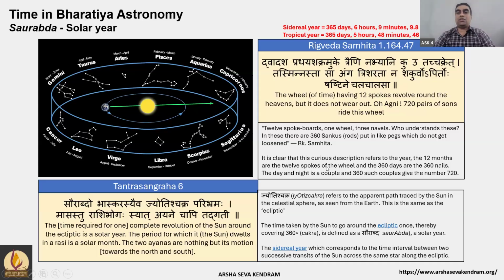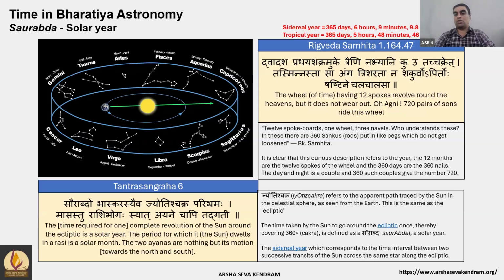Now, there are some references to the solar year in different texts. Veda Samhita lays this out in a very poetic manner. 12 spoke boats, 1 wheel, 3 navels. In these, there are 360 shankus, or rods put in like pegs. So it's indirectly indicating that there are 12 months. Right.